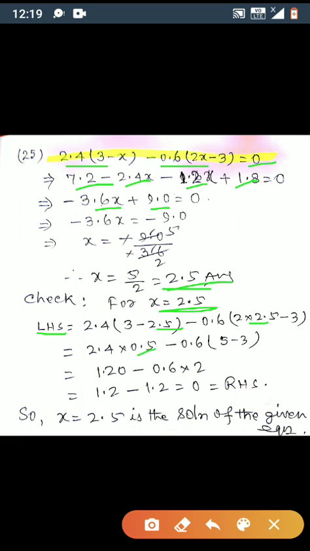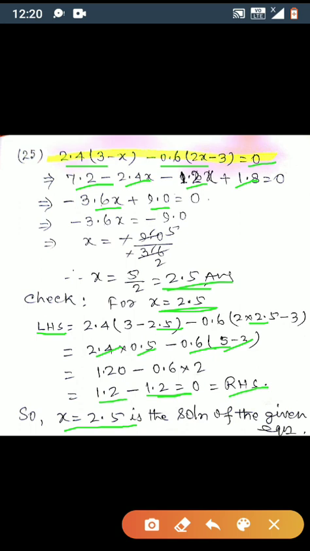It can be written as 2.4 multiplied by 3 minus 2.5 equal to 0.5, minus 0.6 multiplied by 2 multiplied by 2.5 equal to 5 minus 3. 5 minus 3 is 2. So it can be written as 2.4 multiplied by 0.5 equal to 1.2, minus 0.6 multiplied by 2. It can be written as 1.2.